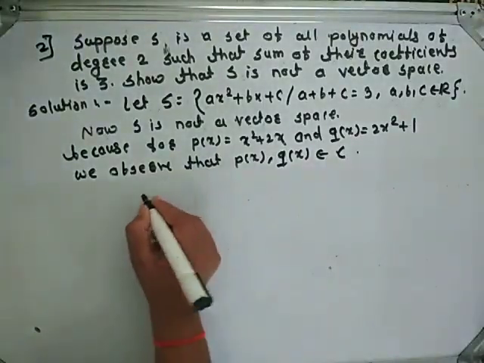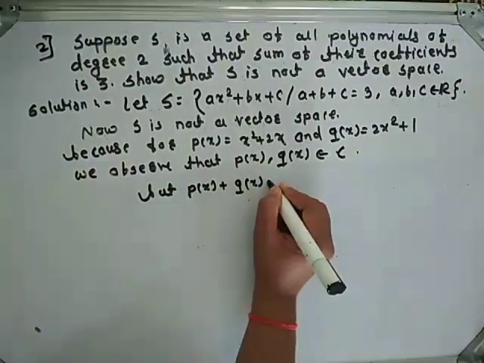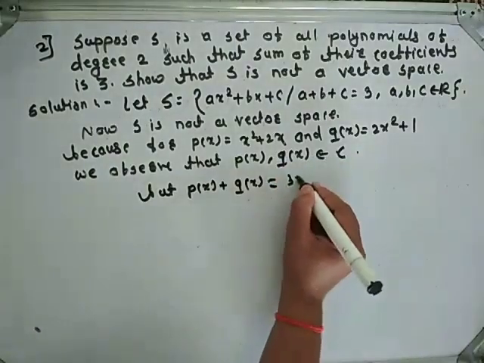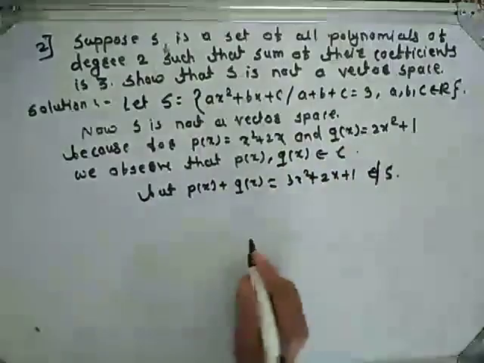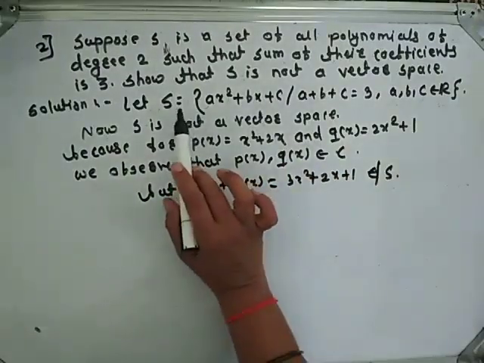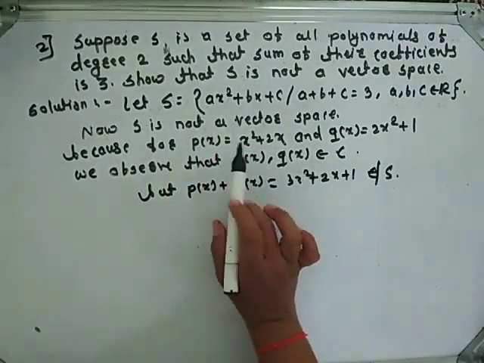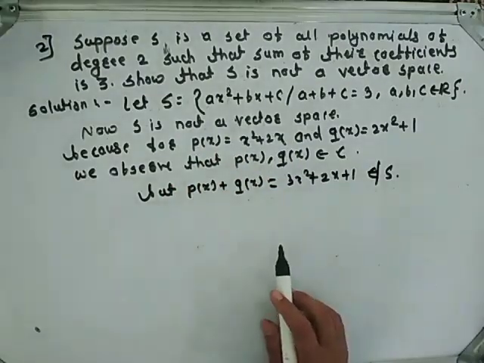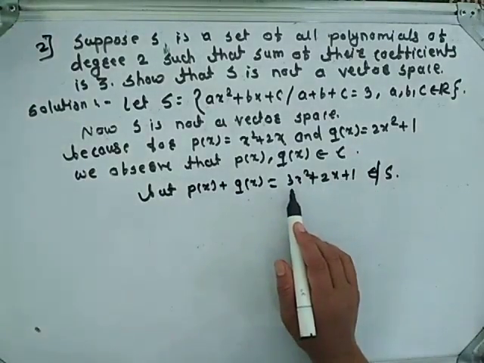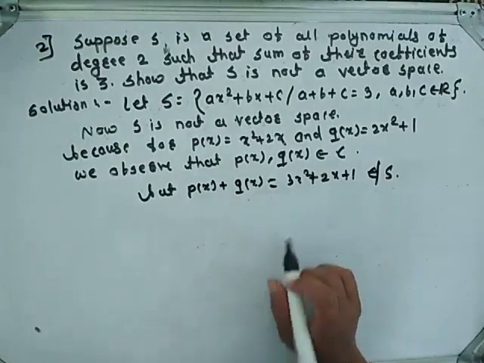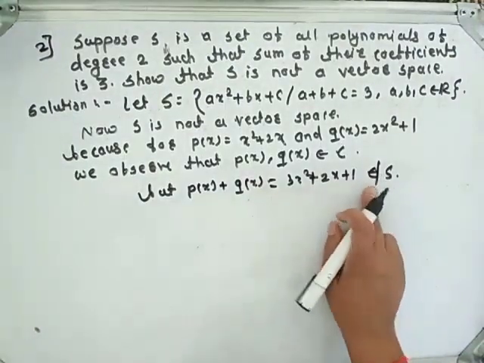But if you take their addition, p(x) plus q(x) is equal to what? 3x square plus 2x plus 1, which does not belong to S, because S is the set of all polynomials of degree 2 such that the sum of their coefficients is 3. But here the sum of coefficients is 3 plus 2 plus 1 equal to 6.